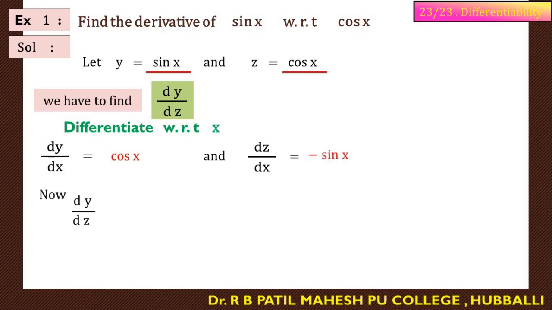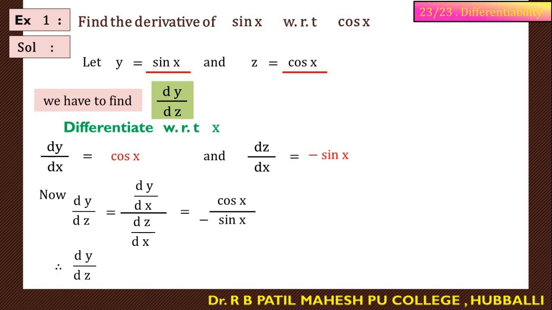So now I am finding dy upon dz. The meaning of dy upon dz is nothing but the y function, that is sin x, with respect to the z function, that is cos x, equal to dy upon dx divided by dz upon dx. So that is equal to cos x, because dy upon dx is cos x and dz upon dx is minus sin x.